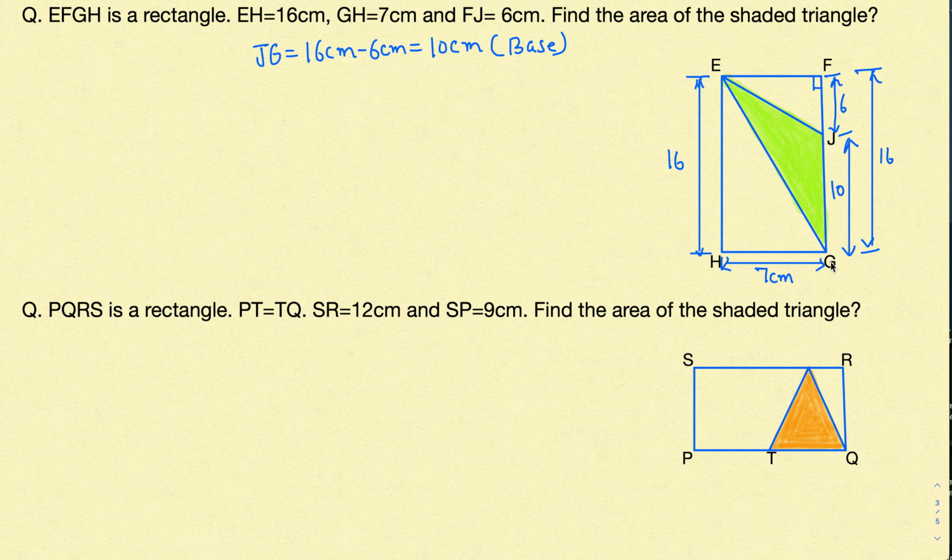See, HG is 7 cm, and since it's a rectangle, these should be equal, right? So EF should also be 7 cm. So we can say EF is equal to HG, is equal to 7 cm, and that's the height of the rectangle.